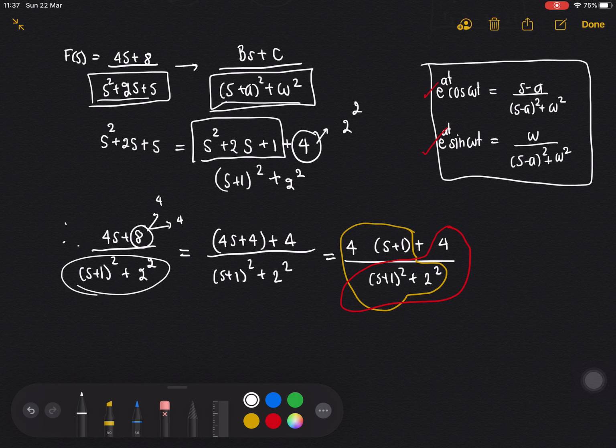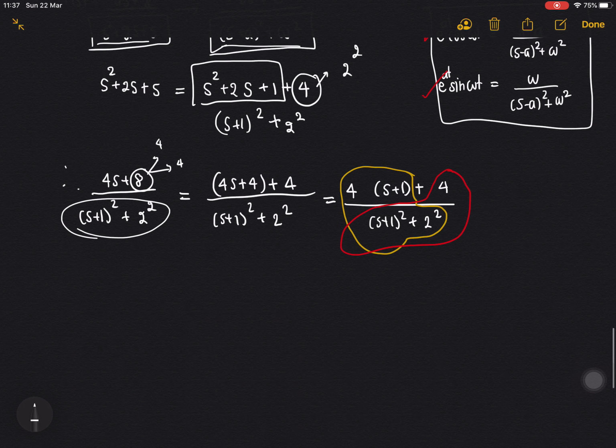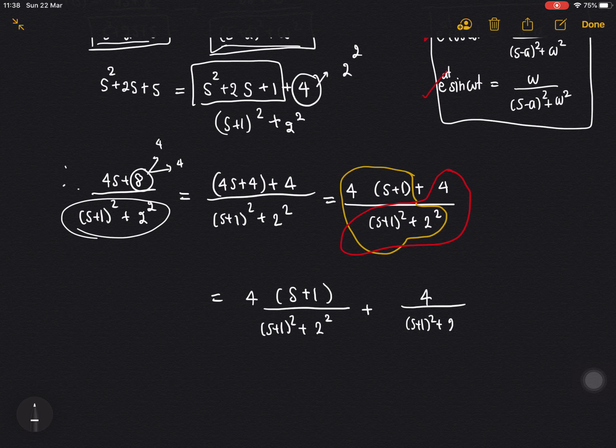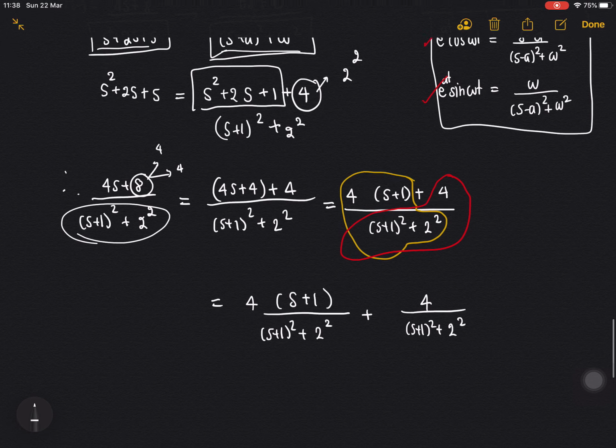So let's have a look at what it will be like. Therefore that will be 4 multiplied with s plus 1, divided by s plus 1 squared plus the value of 2 squared. Okay, and then plus 4 divided by s plus 1 squared plus the value of 2 squared.